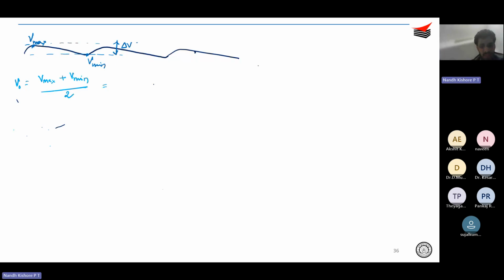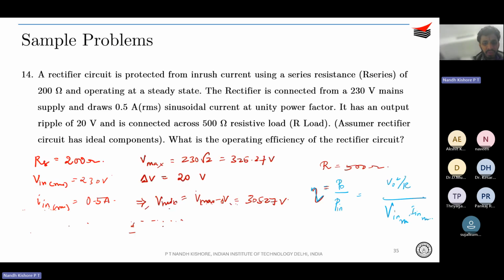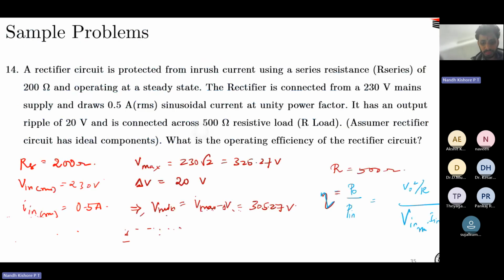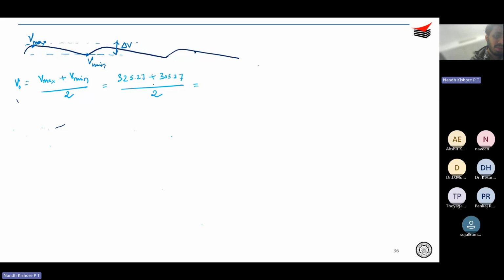So this will be your average output voltage. That is 325.27 plus 305.27 over 2, which will turn out to be 315.27. So this is your output voltage.